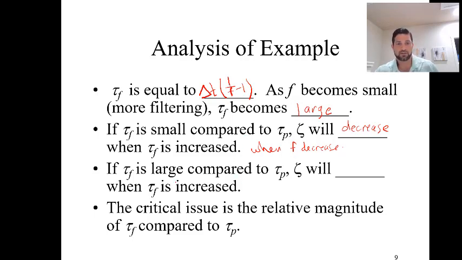On the contrary, when tau f is large compared to tau p, zeta is going to increase when tau f is increased, that is, as we decrease f. So depending on the relative value and how much filtering is occurring, if we increase or decrease the amount of filtering, we can see a differing effect on the damping factor for the process.